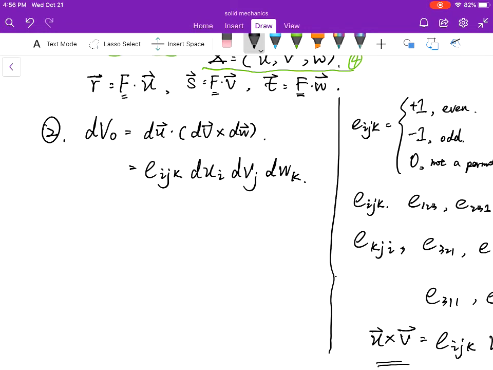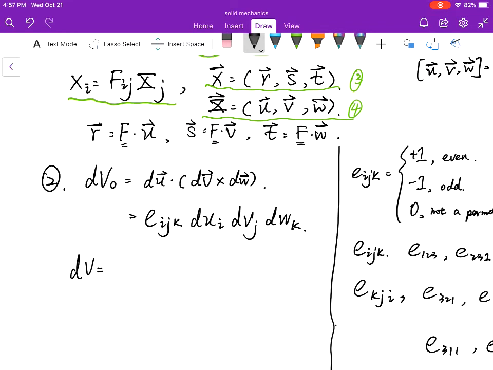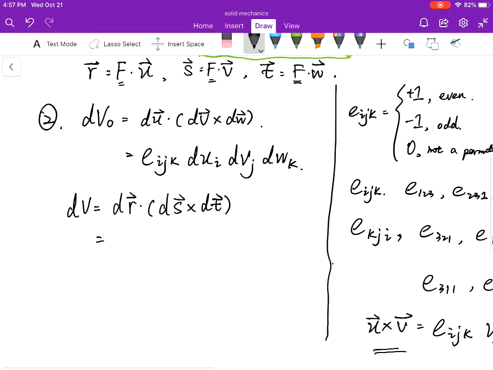And if we consider the volume of the element in the deformed configuration, as we just saw in equation 3, we have r dot s cross t times dt. What this looks like is a similar thing, just changing from UVW to RST.